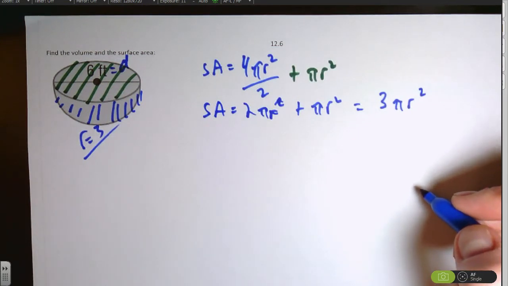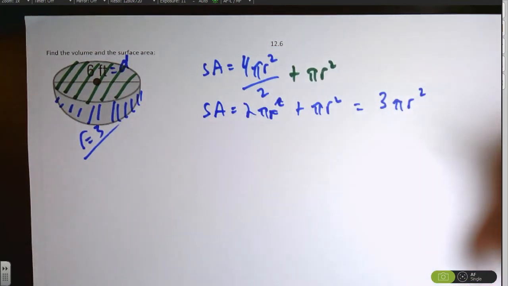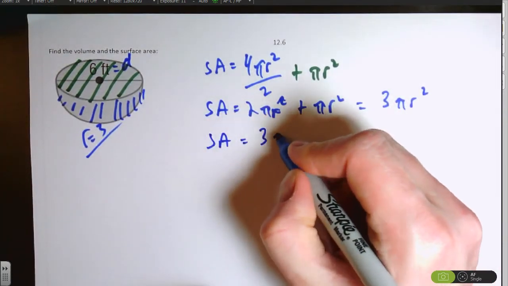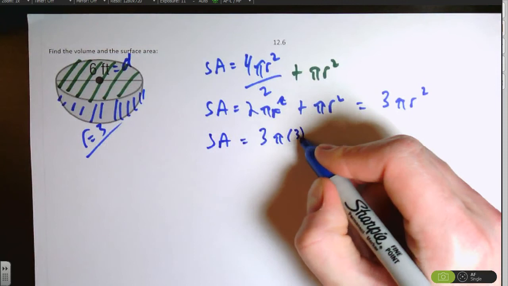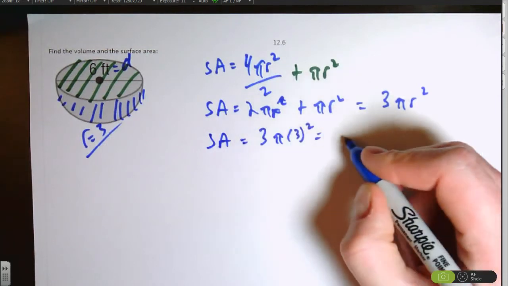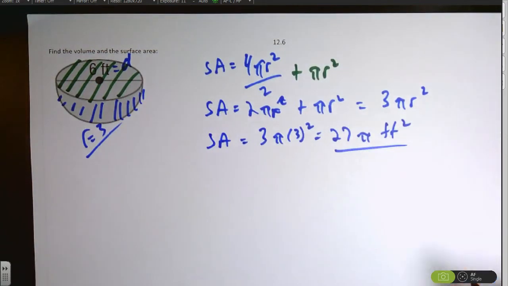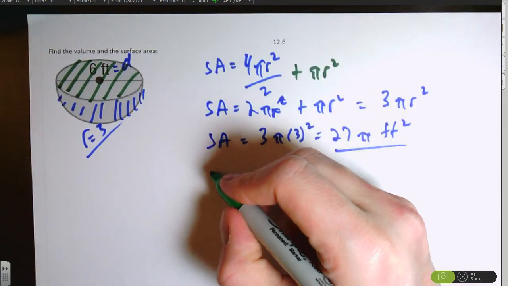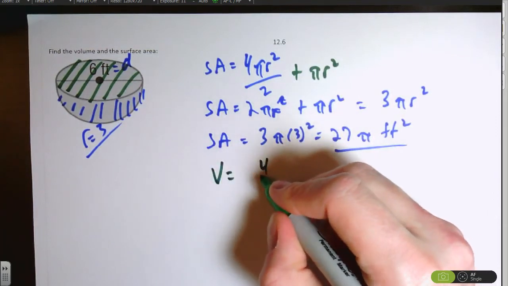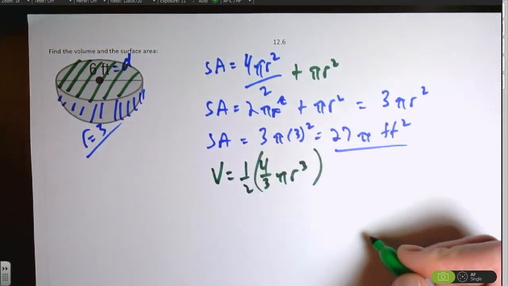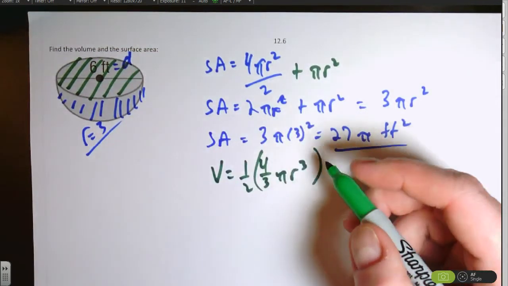The nice thing is for volume, you just take what they give you and divide it by 2, so it's easy to do. So in our case, we'll do surface area real quick first. It'll be 3 pi times 3 squared. Well, 9 times 3 is 27 pi square feet. For volume, we are 4/3 pi r cubed, but again, I only want half of that because I don't want to take the whole volume of the sphere.